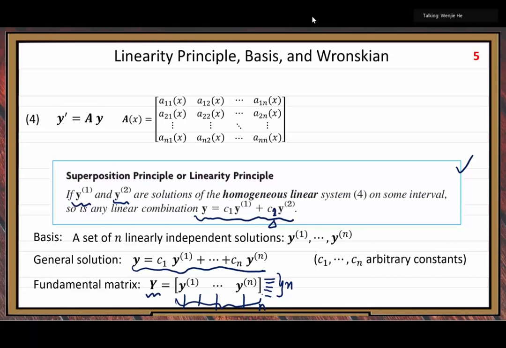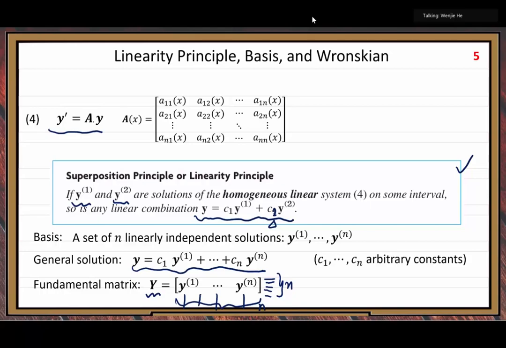Now let me ask you a simple question, for understanding purposes. Given a linear system, now we want to consider its fundamental matrix. You know the definition.